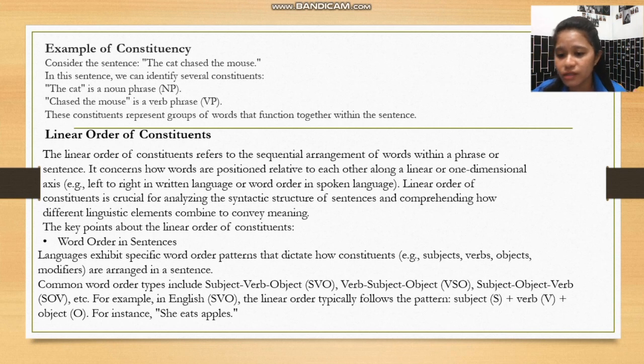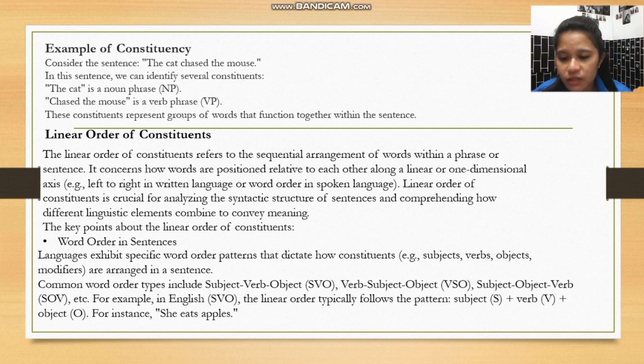The key points about the linear order of constituents. One, word order in sentences. Languages exhibit specific word order patterns that indicate how constituents, for example subject, verb, object, modifier, are arranged in a sentence.